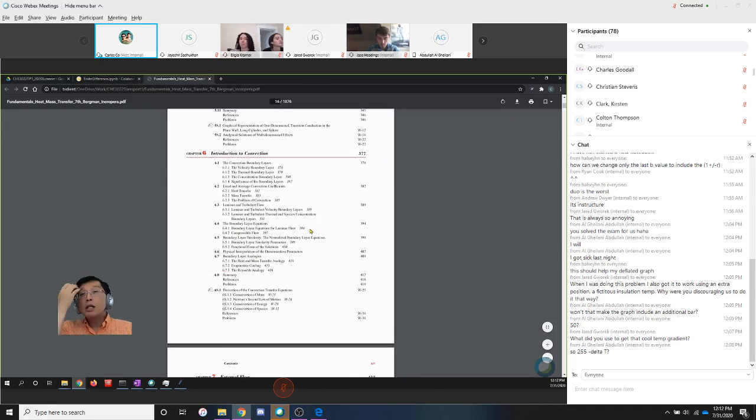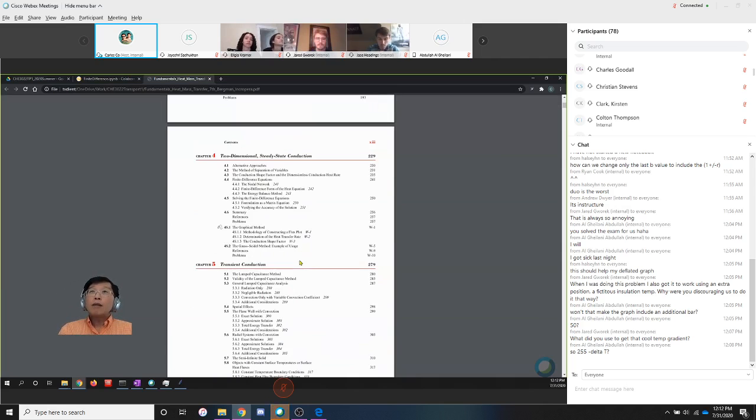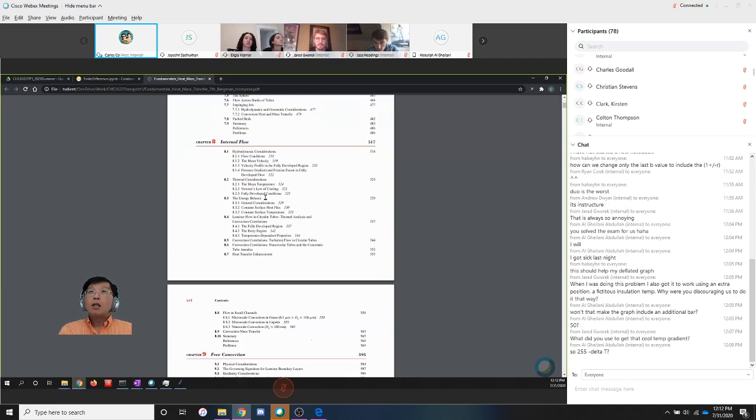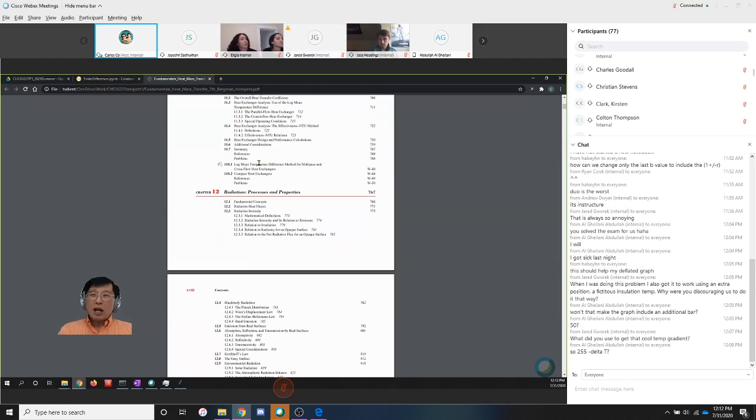One thing, by the way, you guys should pay attention to is that this textbook has a lot of extremely useful chapters that we just don't have the time to talk about: external flow, internal flow, free convection. Especially if you ever get into the solar cell business, radiation is ridiculously important in solar cells.